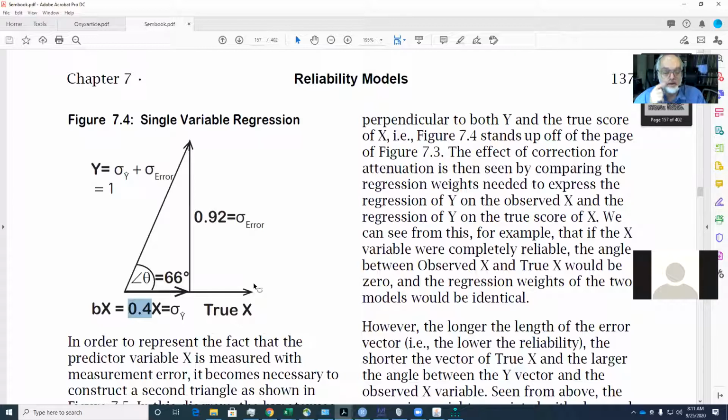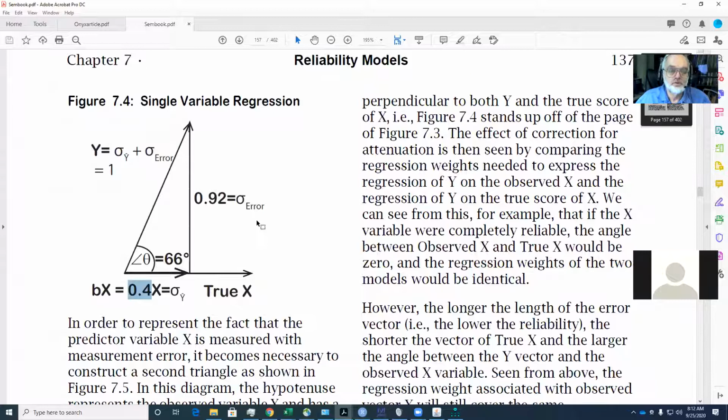And that is also known as the intra-class correlation coefficient. If you take multivariate psych, or if you had me for the GLM class, we also talk about how that number represents a correlation coefficient. But that's why it gets the name of an intraclass correlation coefficient. But for now, for this class, you just need to know it goes from 0 to 1, and it's the proportion of variance due to the true score.